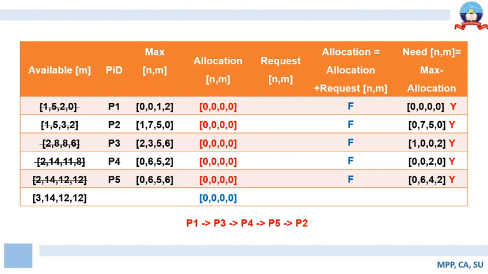Then we determined the need matrix, and based on need we selected the appropriate sequence of processes which can be satisfied in order to ensure that the available resource is capable of satisfying the request of the processes. And as and when a process completed its execution, the available resource was updated, and the updated resource was further used in order to cater to the requirement of some other process. So this is the way the banker's algorithm works.